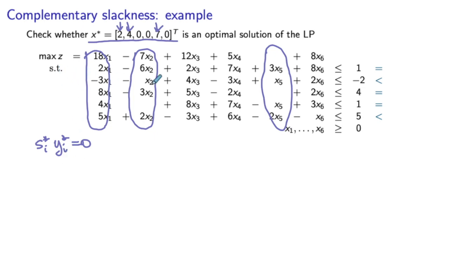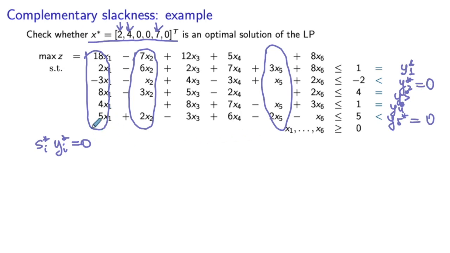So if I look at the dual variables y1 star, y2 star, y3 star, y4 star, and y5 star, whenever the slack variable is positive, which means that the inequality is satisfied with the strictly less sign, the corresponding yi star is 0. We'll have this for two of these yi stars, y2 star and y5 star.